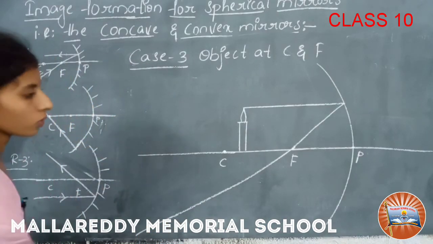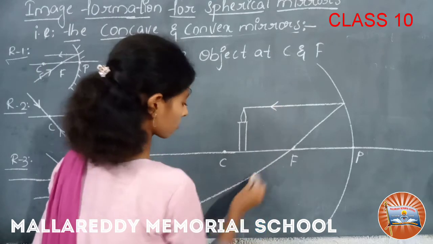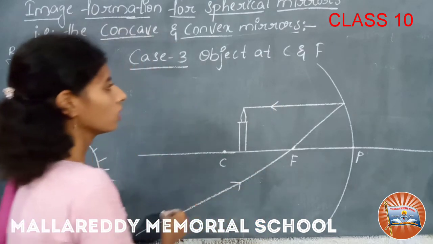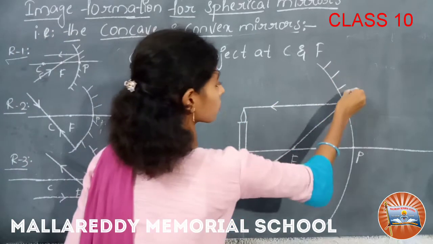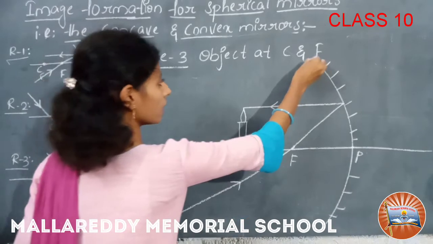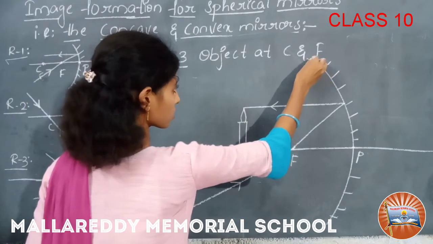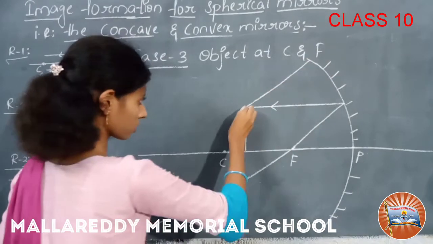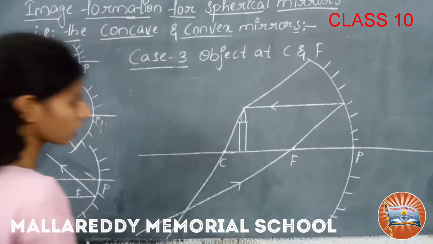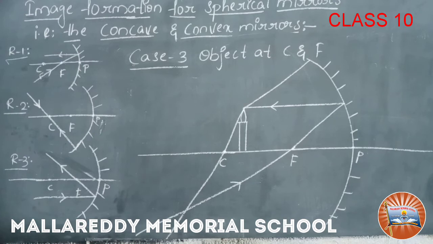It is reflected through the principal focus. Now when the light ray passes through the center of curvature, it is reflected through the center of curvature only, right?